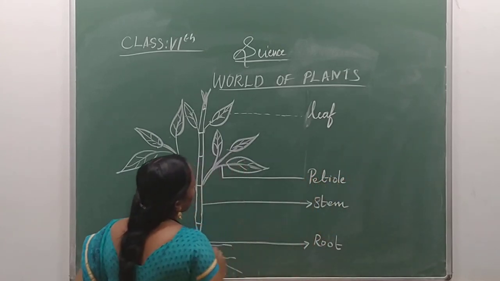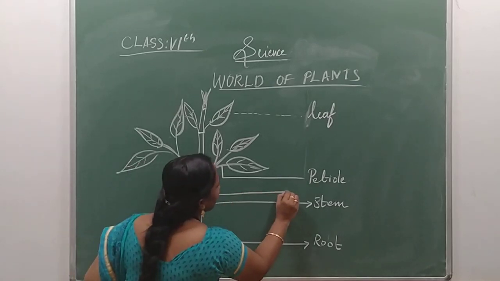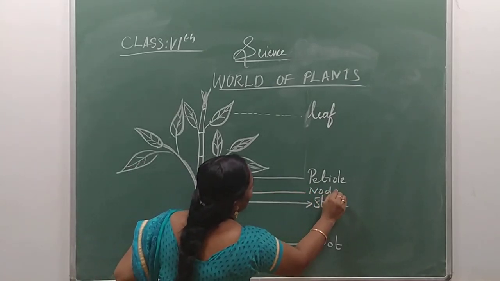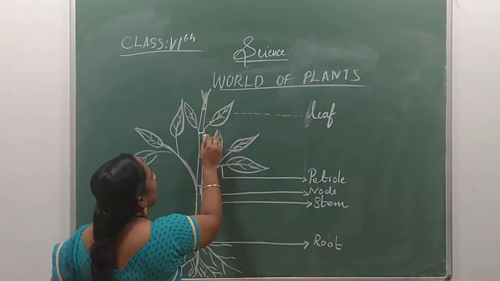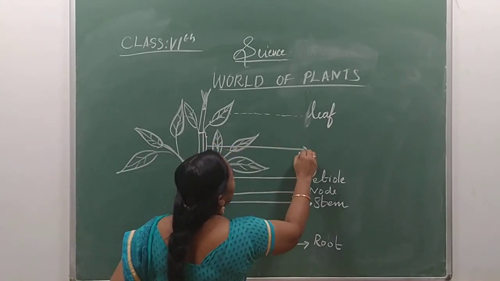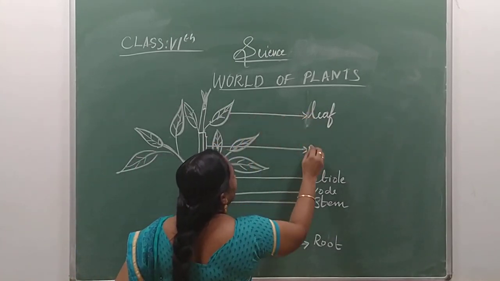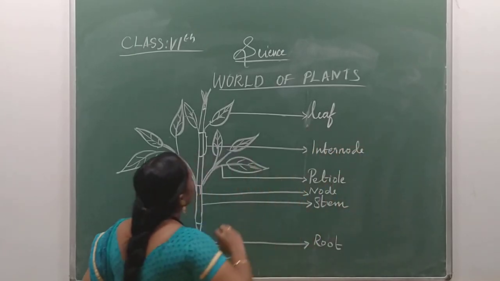And what is the small stalk said to be? Petiole. And what is this small line called? It's called node. And the distance between the two nodes is called internode.